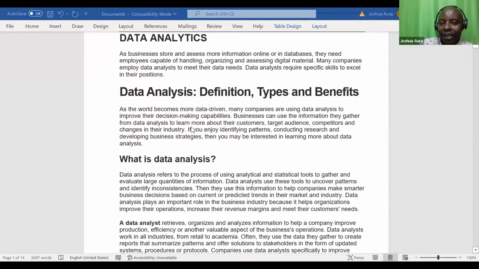Ladies and gentlemen, the most important thing that you're supposed to first of all appreciate about this concept of data analytics is that we will need, as data analysts, to collect data and organize this data very well. After organizing it very well, of course, we have to evaluate. There is a concept of evaluation.